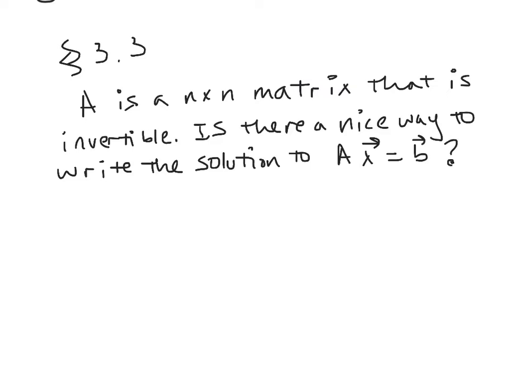So we know that we could multiply both sides of the equation by A inverse. So we know that A inverse times A times X, well, that's just equal to X, but it's also equal to A inverse B. We could do it this way, but is there another way?